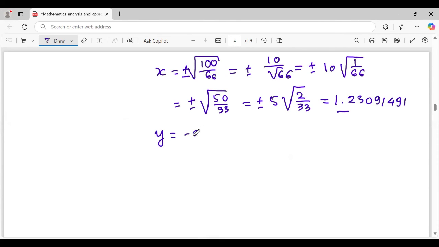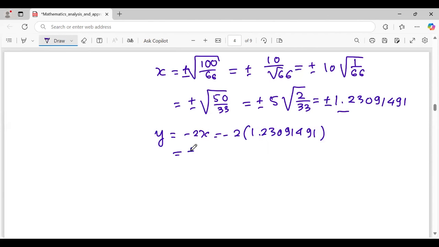Now Y is minus 2X, so it means minus 2 multiplied by 1.23091491. Sorry, I forgot, this is plus or minus.